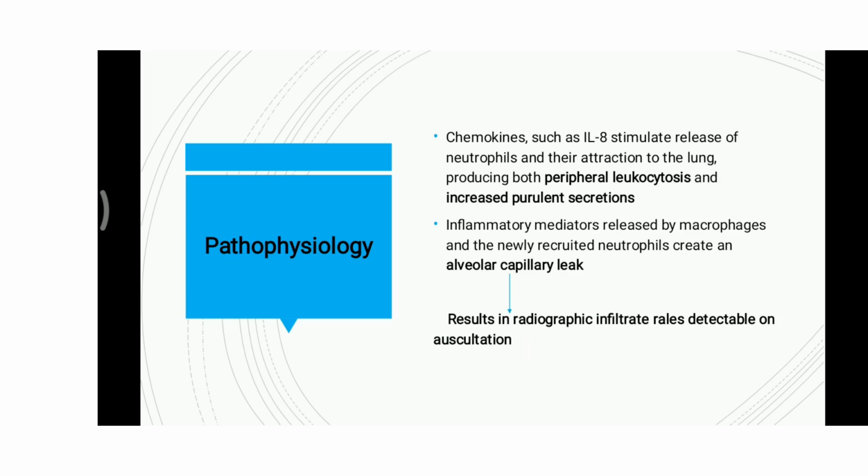So the inflammatory mediators like chemokines, for example interleukin 8, once they are released by alveolar macrophages, will stimulate the release of neutrophils, and they'll also activate the neutrophils to go and bind to the lung, thereby producing both peripheral leukocytosis, meaning an increased number of leukocytes in the periphery, and also increased purulent secretions, meaning increased sputum secretion.